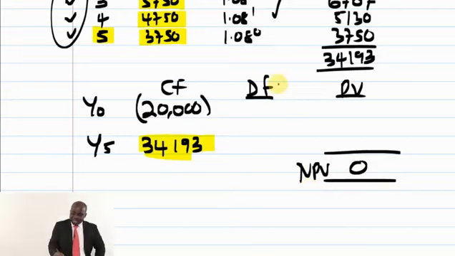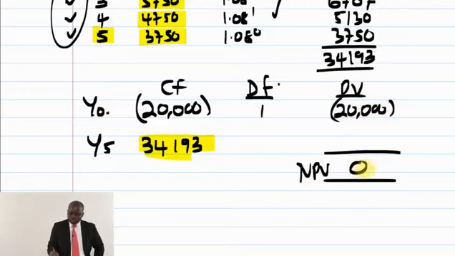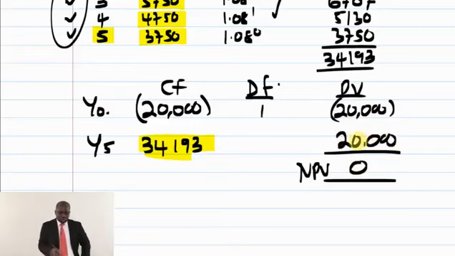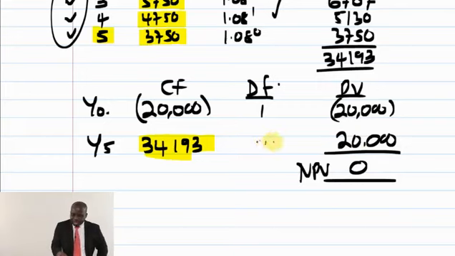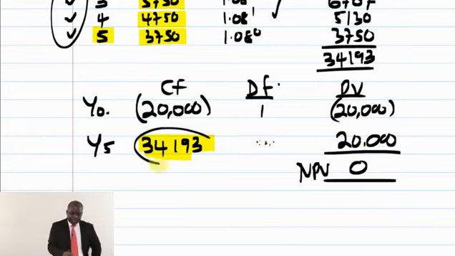Whatever discount factor you put here, so far as you are in year 0, this is 1, so this is 20,000. For this NPV to be equal to 0, the present value here should be equal to 20,000. So what figure, discount factor, should I put here, such that when I multiply by that, it will give me 20,000?